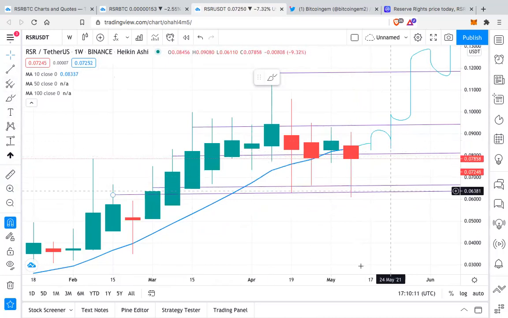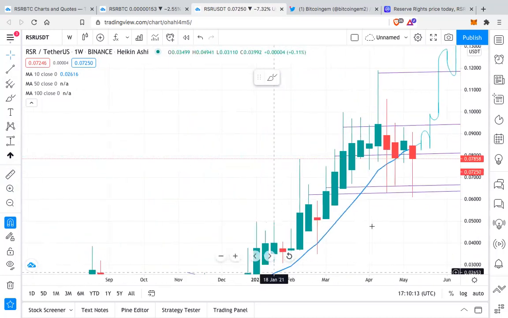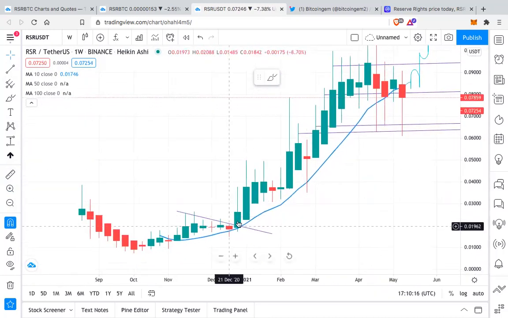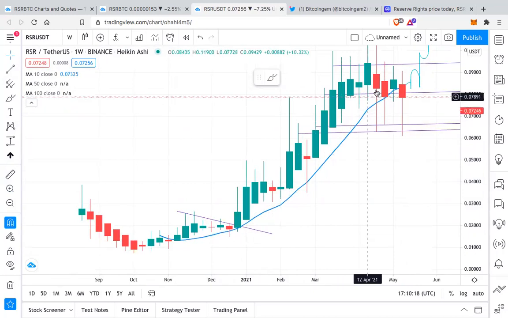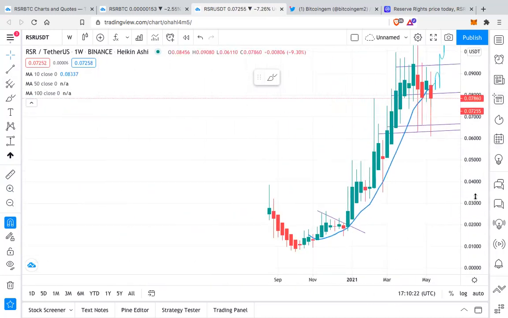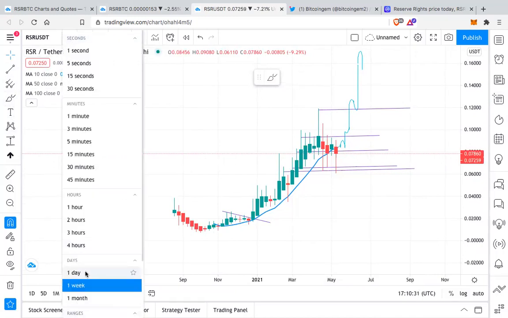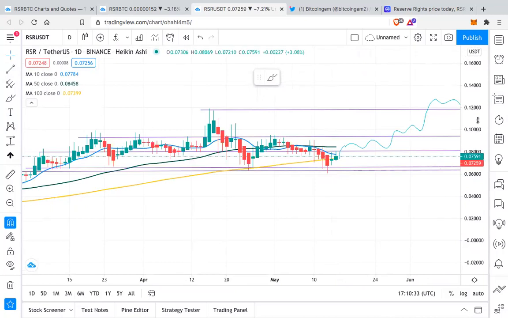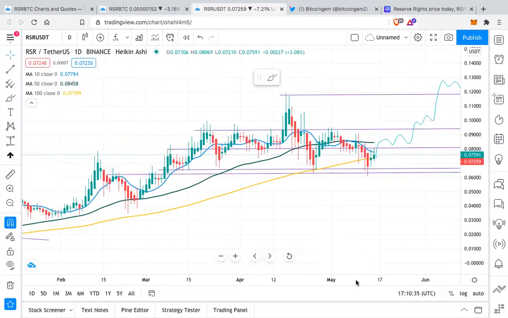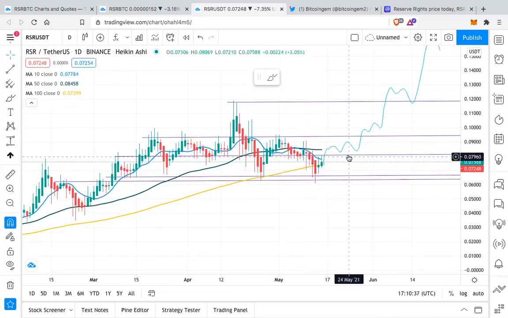So once it flips the 10 weekly as support, this entire move you can see was because of this 10 weekly support. So this is a good potential for RSR to play. I just need it to flip 8 cents as support.